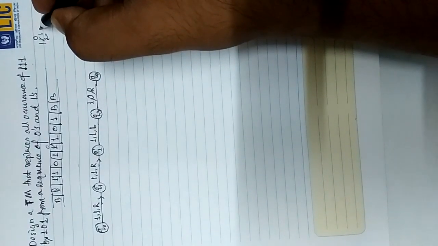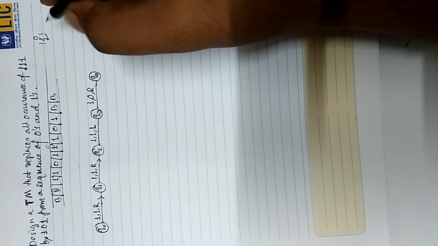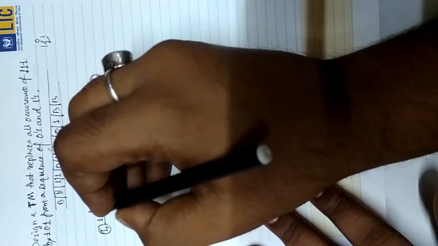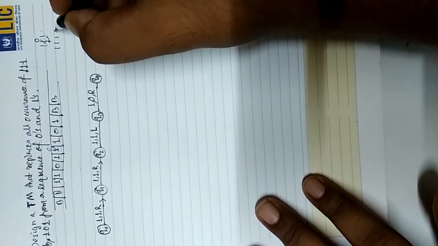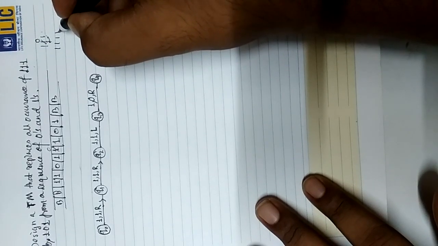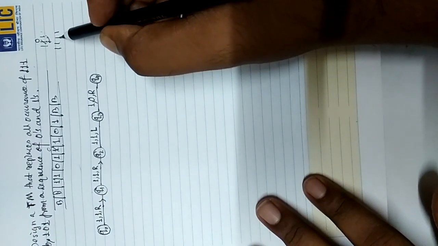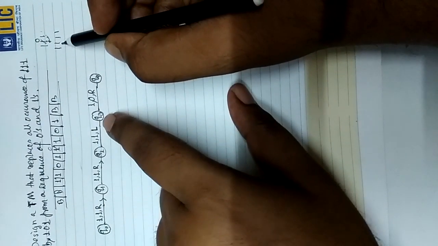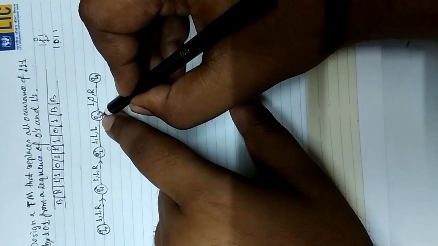Now you are in the q4 state. From q4, if you read another 1, suppose the sequence is 1 1 1 and again 1, what is happening here? You read this, this, and this, then move left to q3 and replace this by 0, and move right.